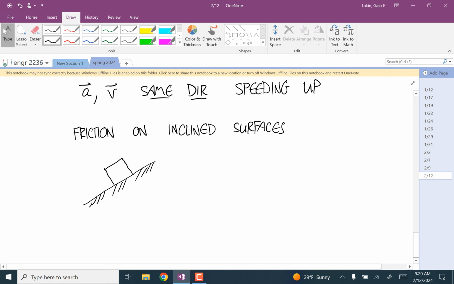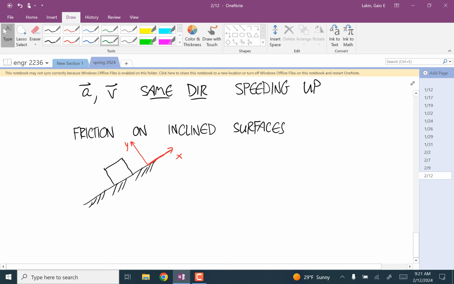Remember, you always used a rotated coordinate system for this, okay? You could do it in a regular coordinate system, but the math would just be more complicated. So you always chose a coordinate system with your y-axis pointing straight out of the surface and your x-axis along the surface in such a way that the z-axis is coming out towards you.